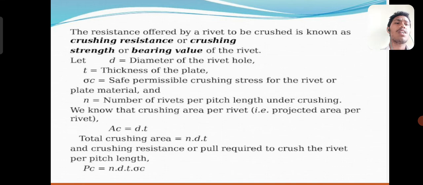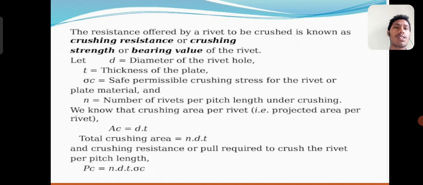We know that the crushing area per rivet, the projected area per rivet, is Ac equals d into t, and the total crushing area equals n into d into t, where n is the number of rivets, d is the diameter of the rivet hole, and t is the thickness of the plate. The crushing resistance, or pull required to crush the rivet per pitch length, is Pc equals n into d into t into sigma c.